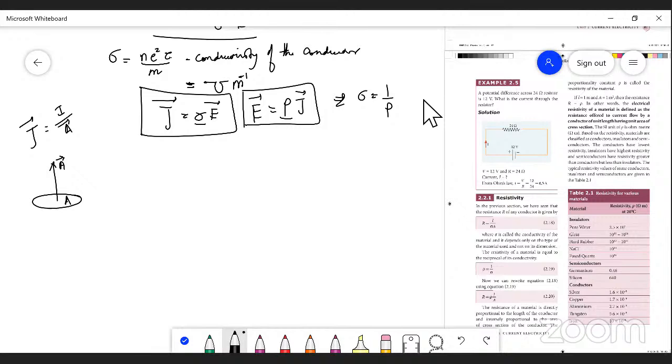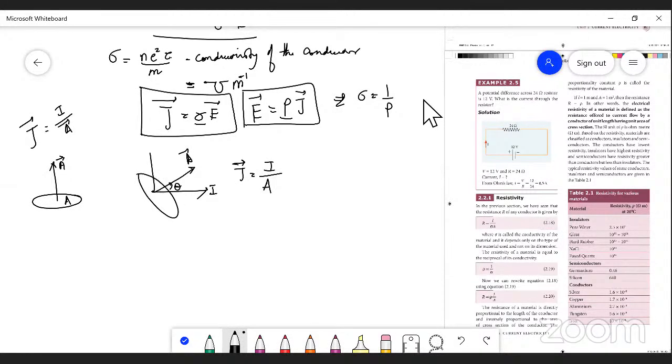But the thing is that if the area vector is not exactly acting along the direction of flow of current, let me say the area vector is making some angle theta with the direction of flow of current, then the current density can be written as J vector equals I divided by the component of area vector which acts along the direction of current.